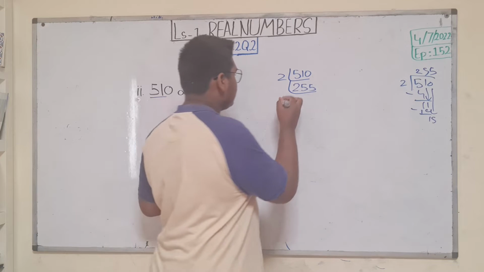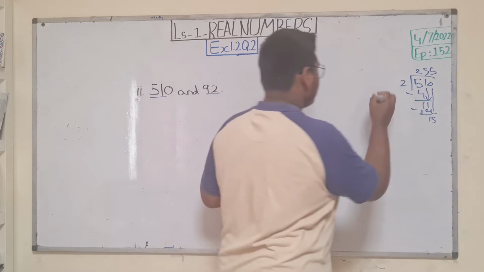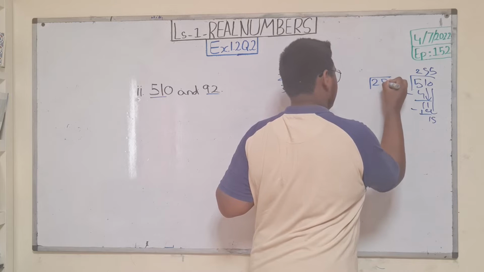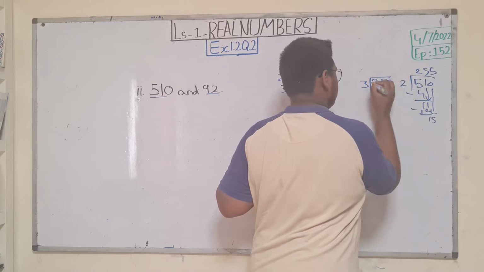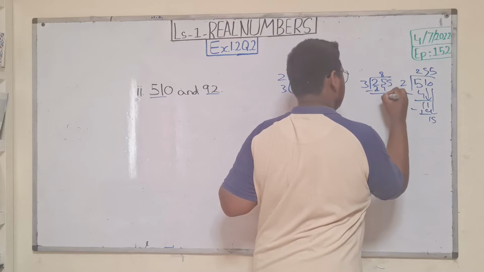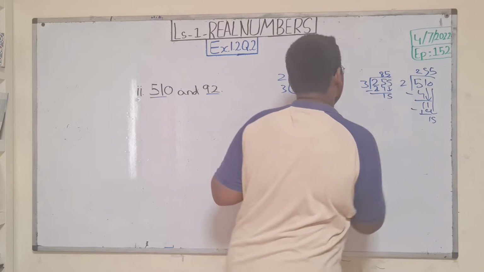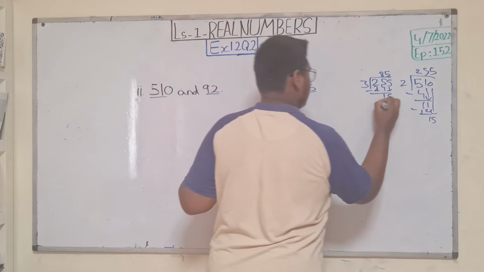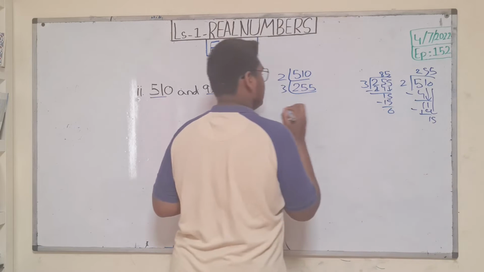So here let's try with 3. Now we divide 255 by 3. 25 divided by 3, if I take 8, that will be 24, remainder 1, then 15, 15 means 5. So it is divisible, and 15 minus 15 is 0, finish.